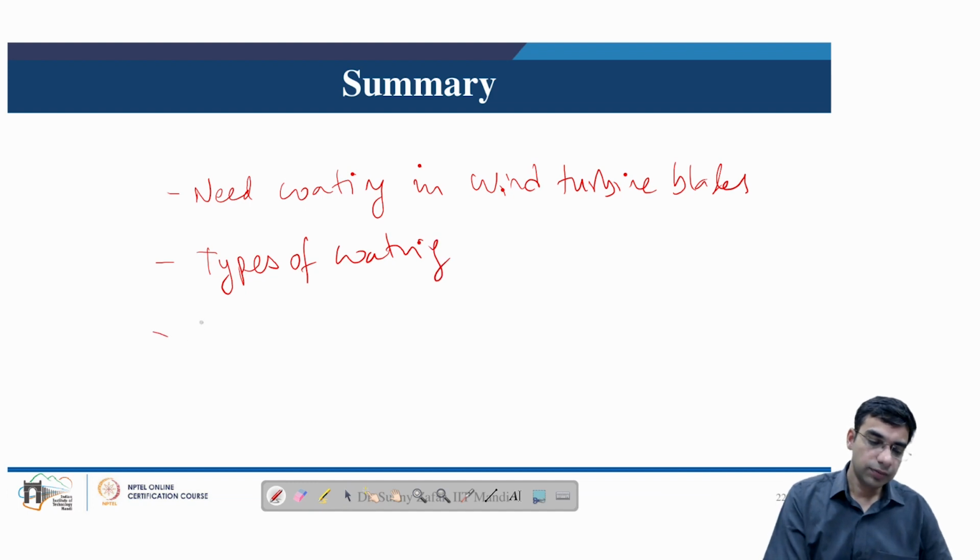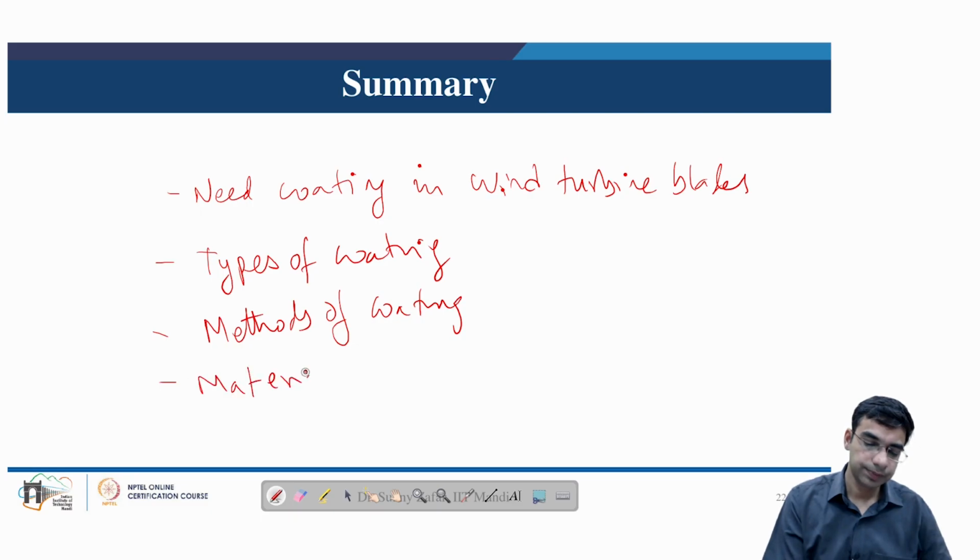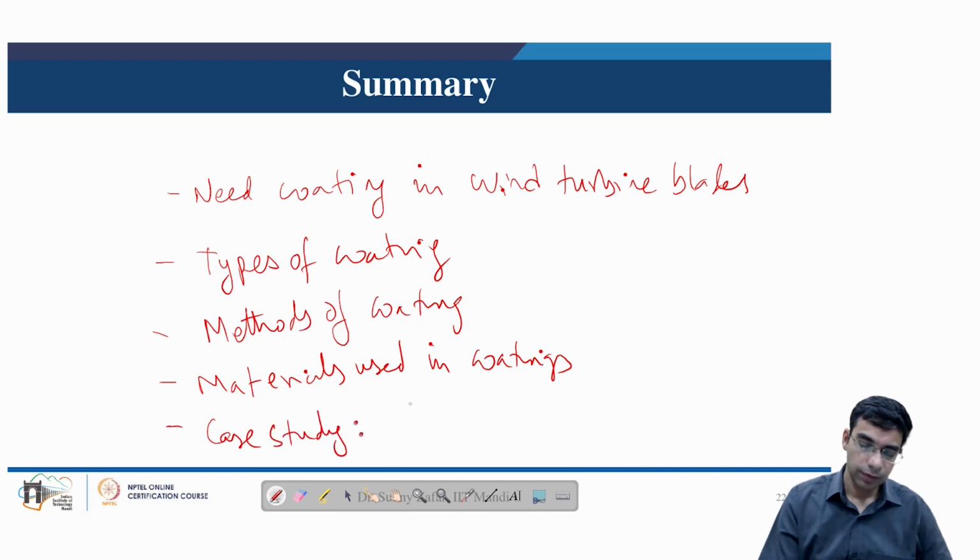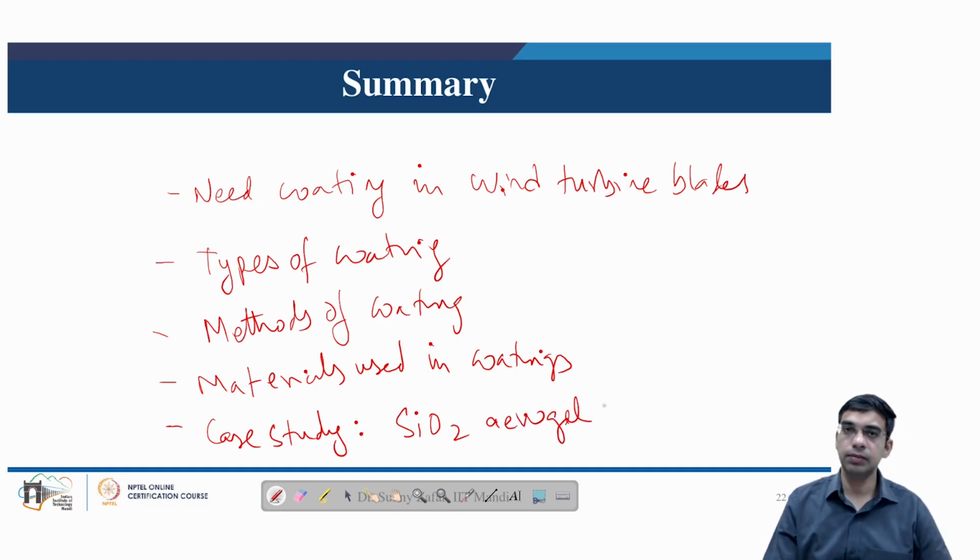So in the various types of coatings, we have looked at various methods of coating, materials used in these coatings, and lastly we have looked at the case study where silicon dioxide aerogel has been used to enhance the thermal insulation of the wind turbine blades.